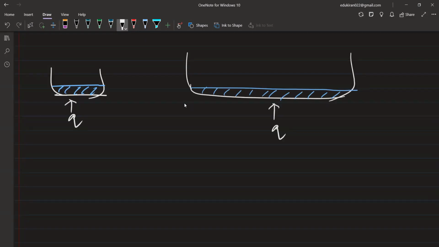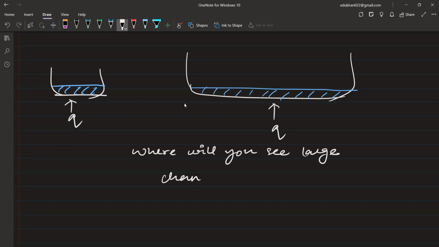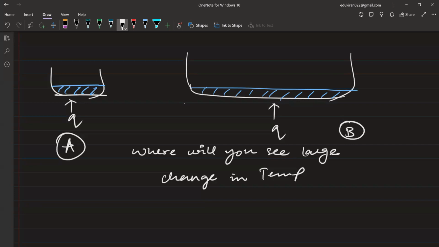I'm giving both of them Q amount of heat. Now tell me, where will you see a large change in temperature? In the A case or in the B case? I'm giving the same amount of heat.